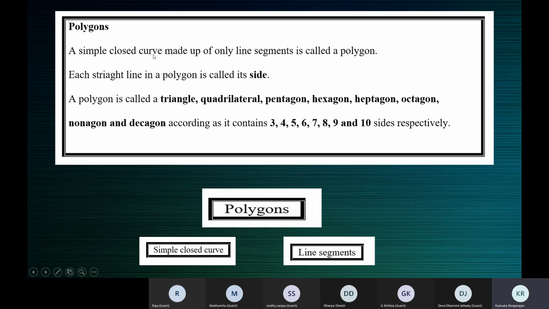It should be a curve. It should be a closed curve. It should be a simple closed curve. And it should be made up of only line segments. A simple closed curve made up of only line segments is called a polygon.